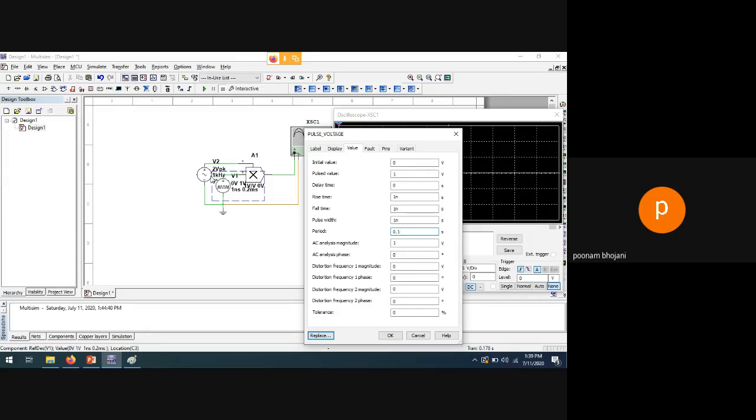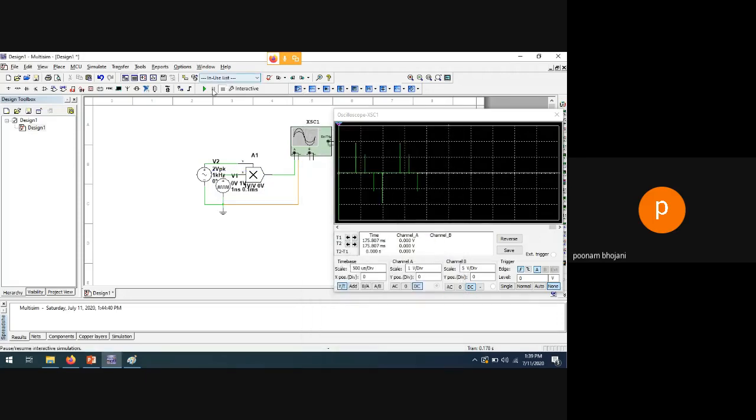If I am putting 1 kilohertz as my input frequency, then the sampling frequency must be at least 2 kilohertz. But if I am oversampling, it means I am putting 10 kilohertz, so it is 0.1 millisecond. If I put 0.1 millisecond, then I will get 10 samples in one cycle. Why is this known as oversampling? Because you still need to send 10 values while doing transmission. Again, your bandwidth is limited.